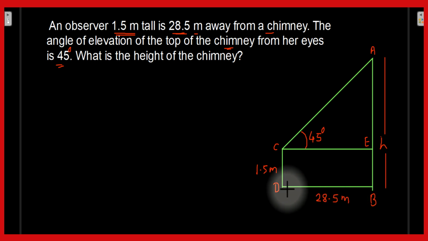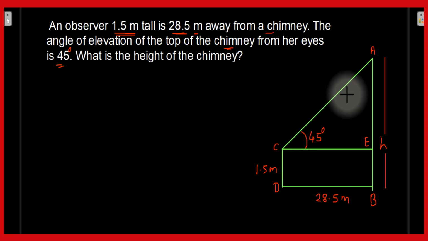It means the distance BD is 28.5 and the angle of elevation from point C, that is from the observer's eye to the top of the chimney, is given as 45 degrees, and we have to find the height of the chimney.